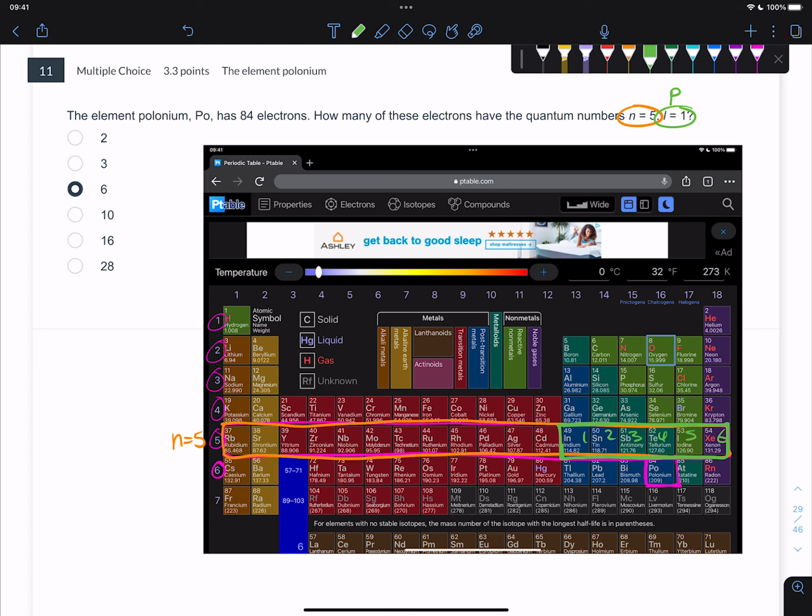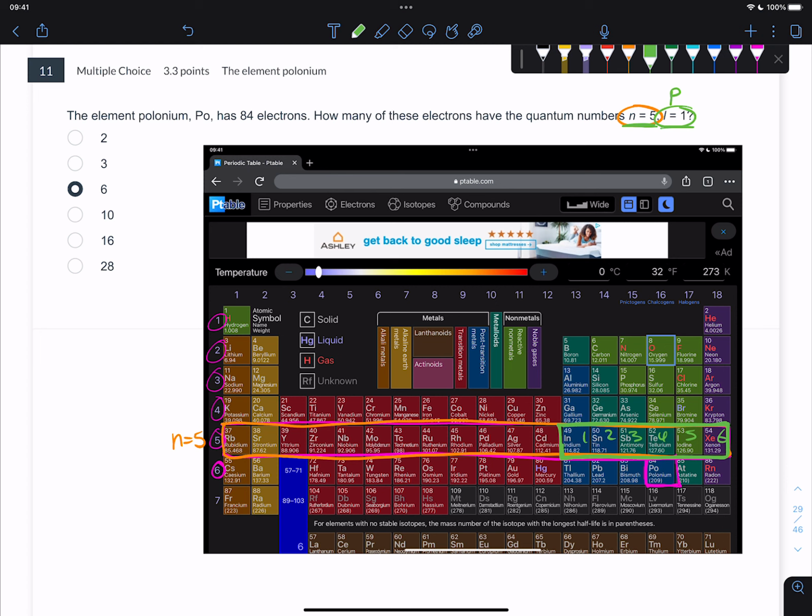All the electrons in that area are going to share this part of their quantum numbers. They're all going to be n equals 5 because they're in the 5th energy level. And they're all going to be L equals 1 because they're in the p block of n equals 5. So there's 6 possible ones.